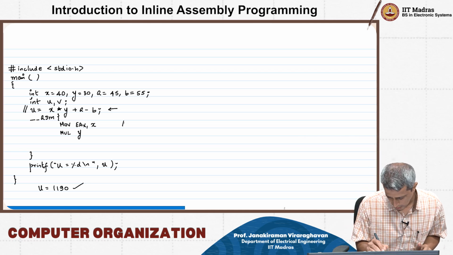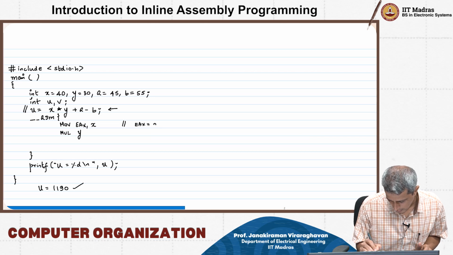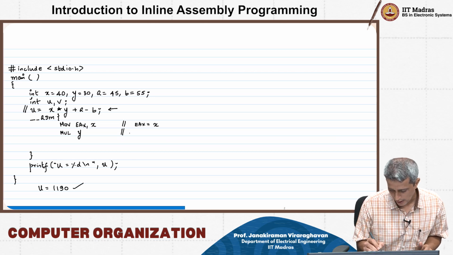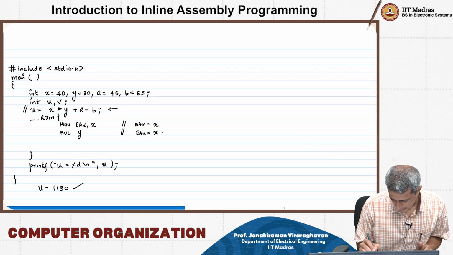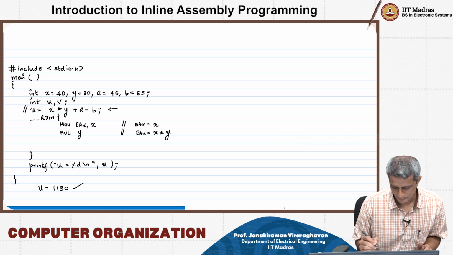Okay, so what does this instruction do? EAX is equal to x. After executing this instruction, EAX will get x into y, right?